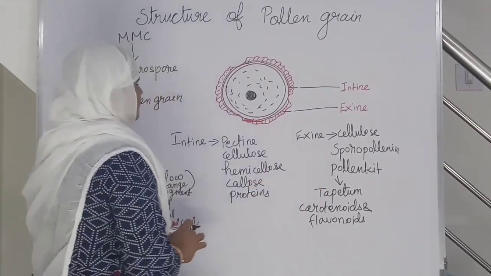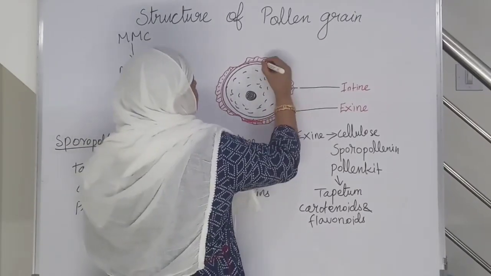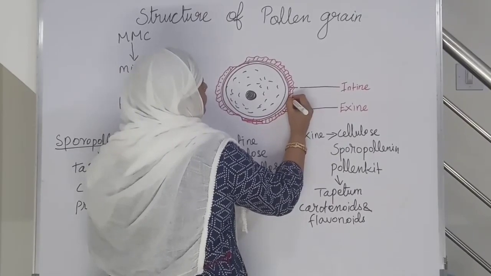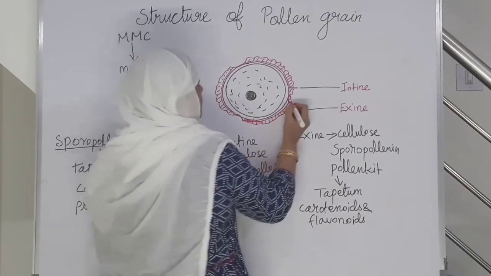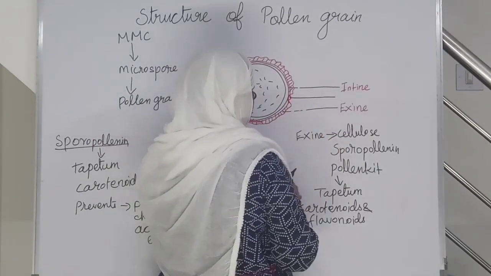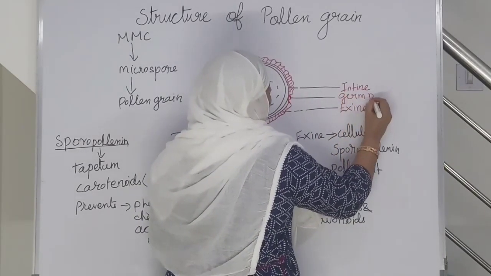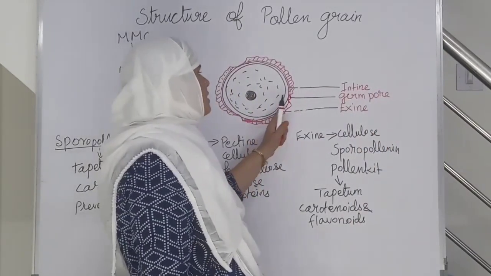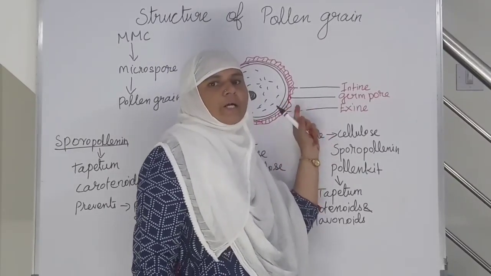Okay. In some regions, the exine is thin, and here there is a small round structure. This is called germ pore. Through this germ pore only the development of the pollen tube occurs.